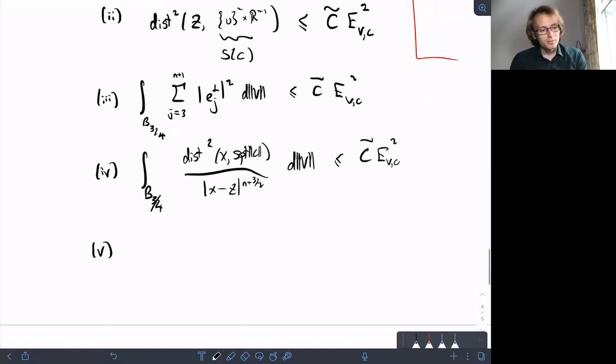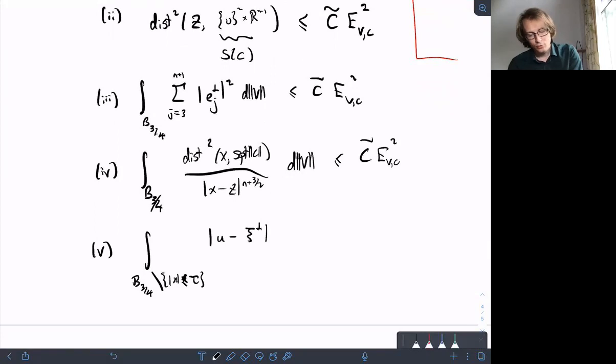Then we have another bound, which is, again, on things away from the spine. We have that function U minus the orthogonal projection of the X component of the point Z over a suitable control decay, if you will. Decay sufficiently quickly, again, the same bound.